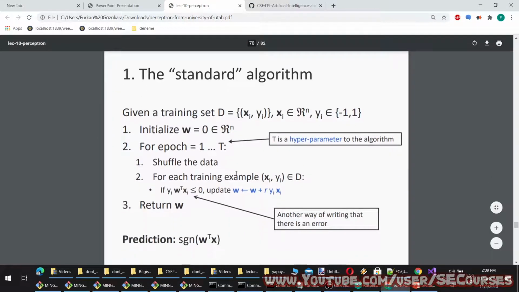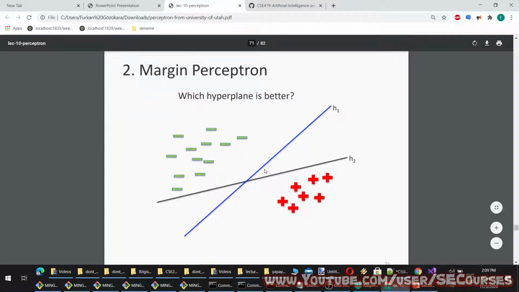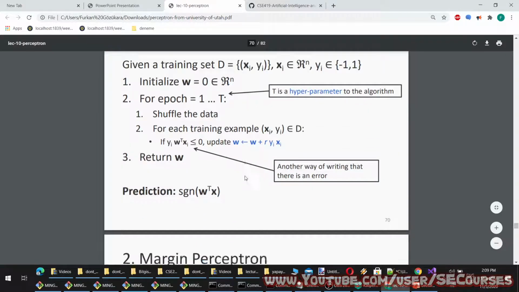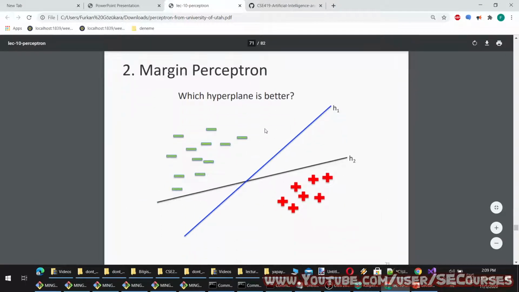Then we can improve the algorithm. With the standard algorithm, which hyperplane is better? It may stop when it finds H2, or it may stop when it finds H1. Obviously, the better hyperplane is H1.